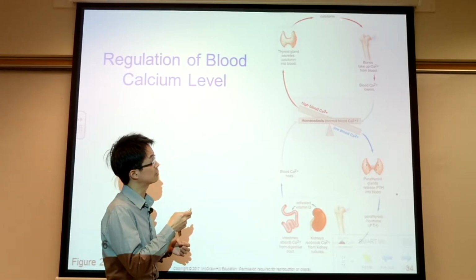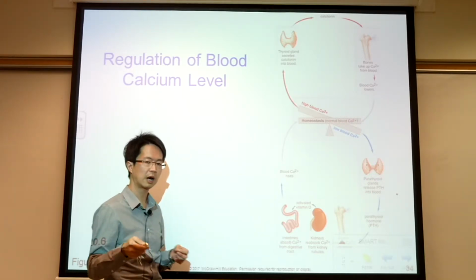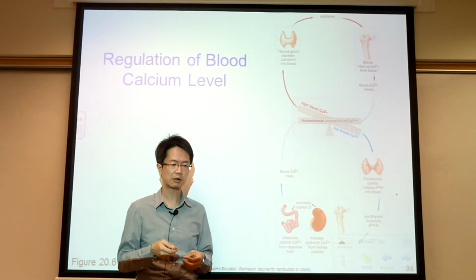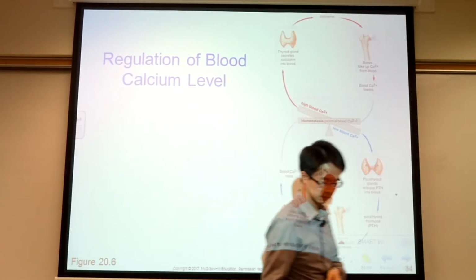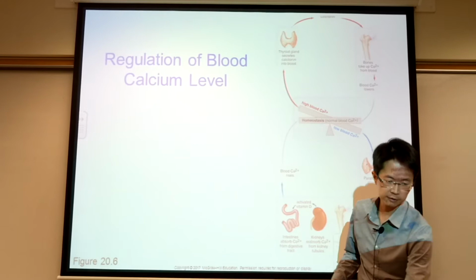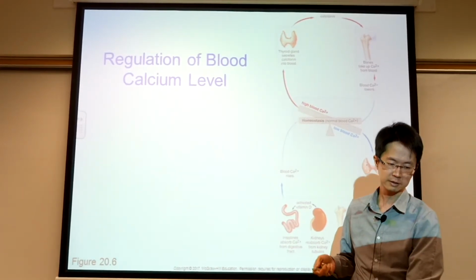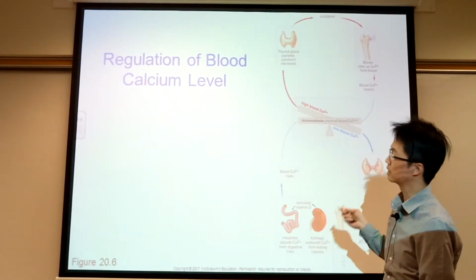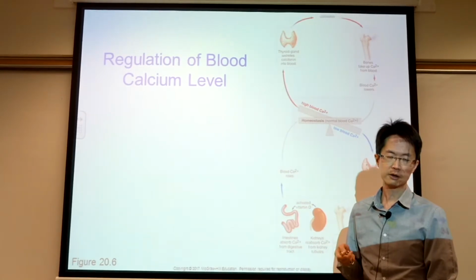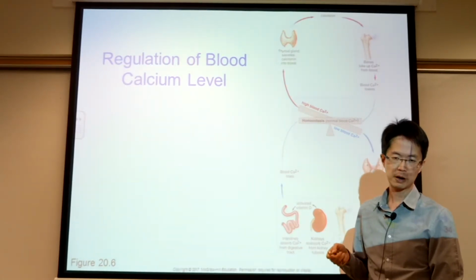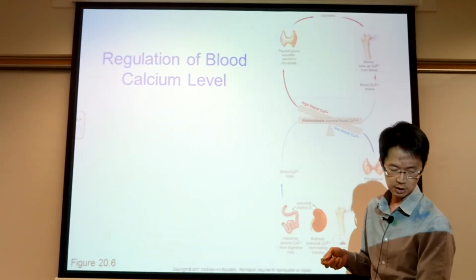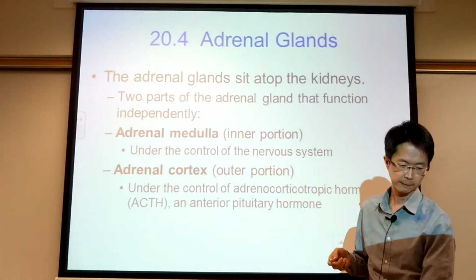So you can see that calcitonin and PTH are antagonistic hormones, meaning they have opposite effects. Calcitonin lowers calcium level in the blood, but parathyroid hormone raises the calcium level in the blood.